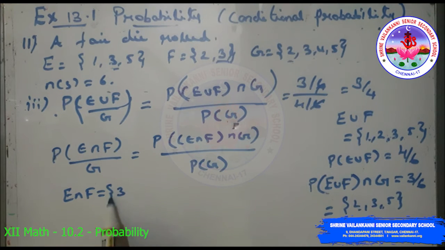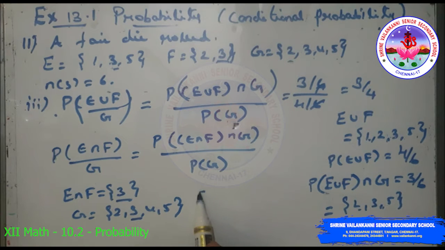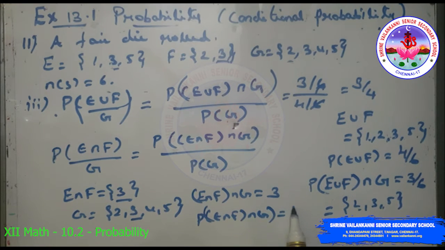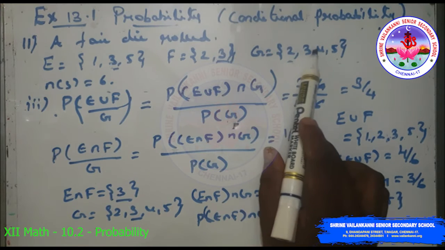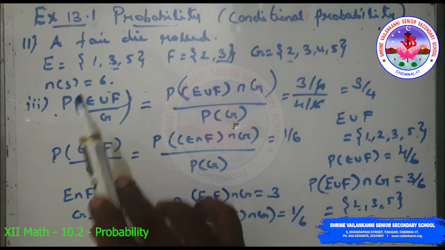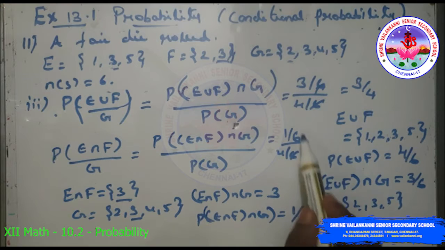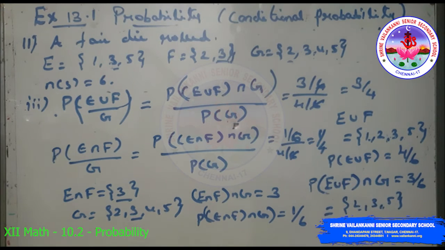Then the intersection with G, the common element is 3. So E intersection F intersection G is 3. P(E intersection F intersection G) is, we have only one element, so 1 by n(S), which is 6, so 1 by 6. And P(G) is 4 by 6. So this is equal to 1 by 4.